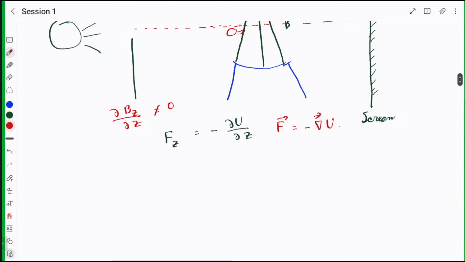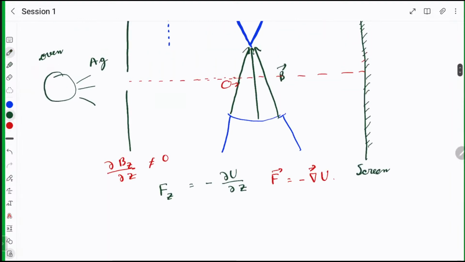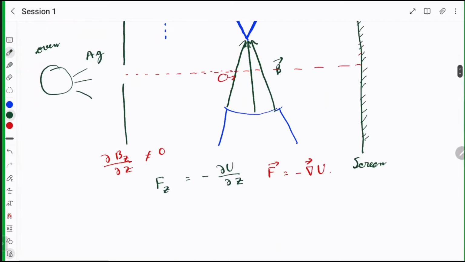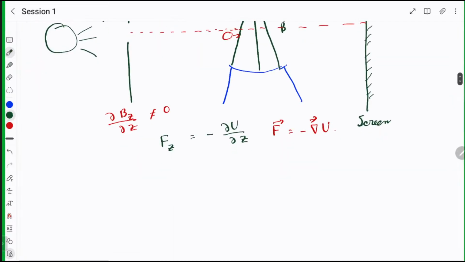Now, before we delve further into what the force will be, let's look at the electronic structure of the silver atom. So the silver atom has this electronic structure. Here you can see that there is a 5s1, which means that there is an unpaired electron in an s orbital.